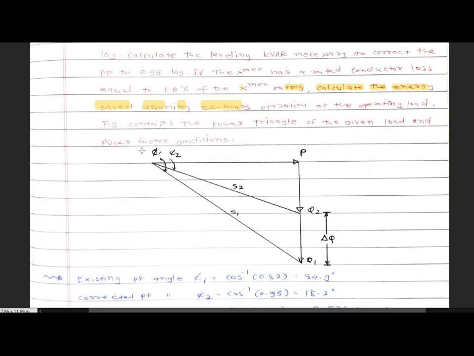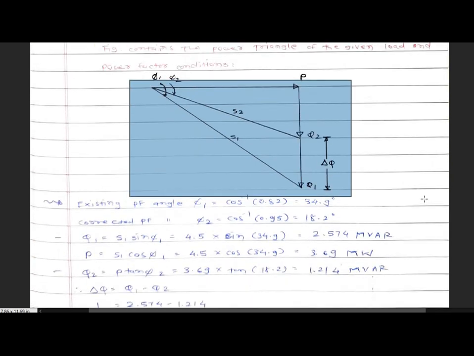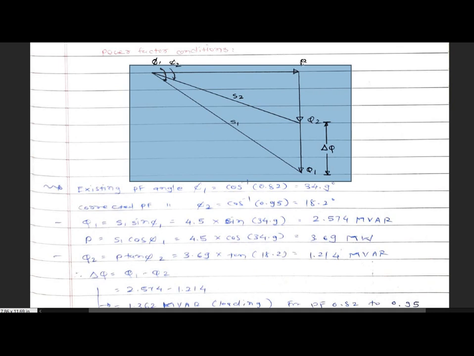So this is the figure based on our example. In this figure we can see that this is the active power P common, this is the reactive power Q1 and corresponding apparent power is S1, and for this power triangle the power factor angle is phi 1.